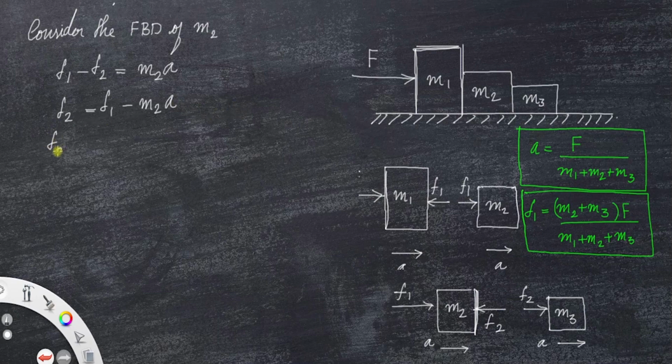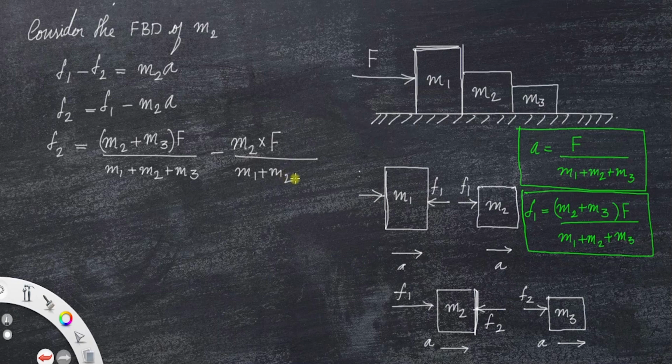So F2 is equal to, F1 is equal to m2 plus m3 times F by m1 plus m2 plus m3, minus m2 into A. We have A is equal to F divided by m1 plus m2 plus m3.